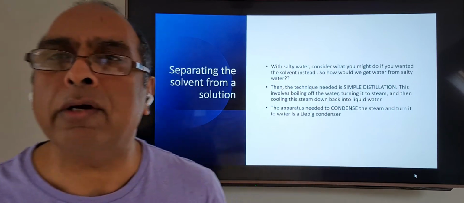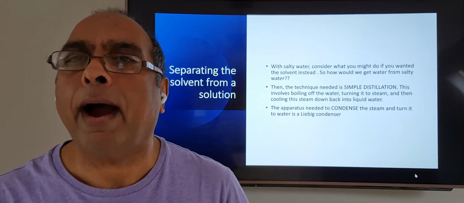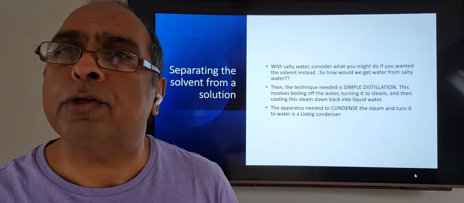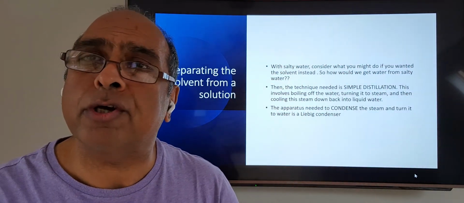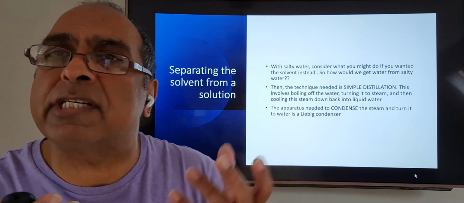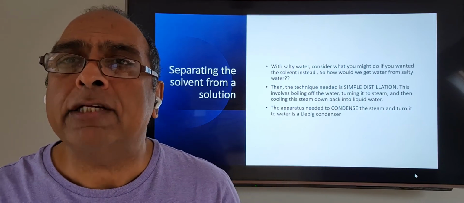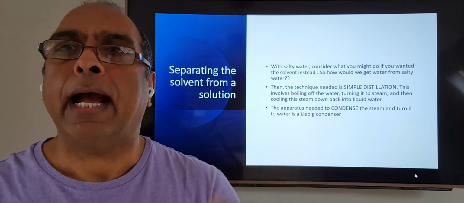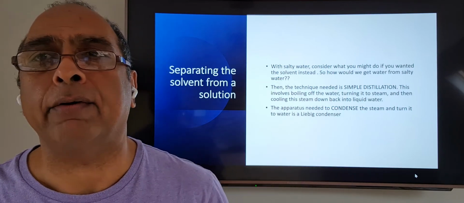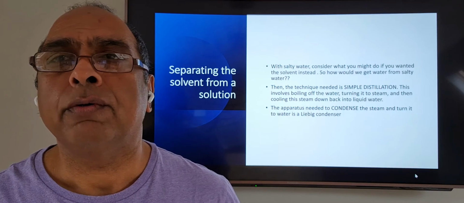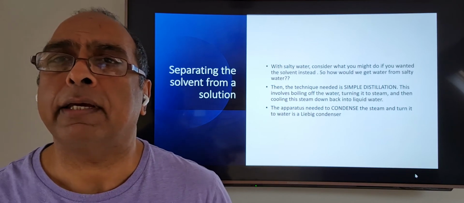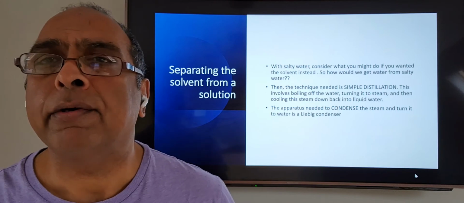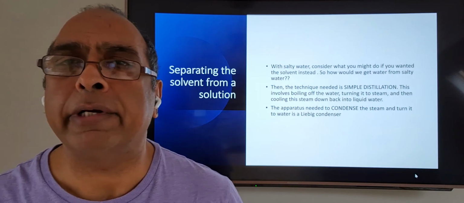And we are going to boil it. We are going to let the water boil off from the solution. And when it does so, it's going to boil off as steam. The key now is to collect that steam. How do we collect the steam, and how do we cool it back down into the water that it clearly will be if we cool it down to below 100 degrees?